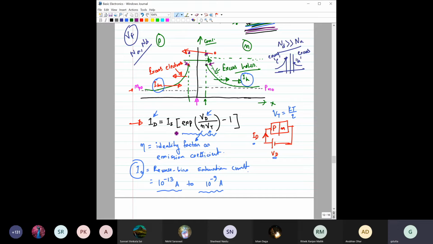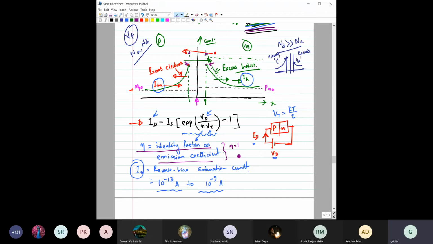And regarding this ideality factor or emission coefficient, it determines how ideal a PN junction is. In certain PN junctions, you will find that the ideality factor is considered as 1. In certain cases, you will also find that the ideality factor is higher than 1.